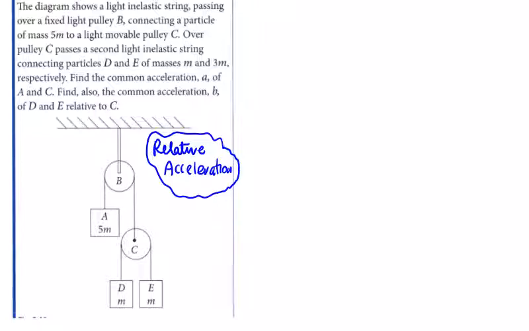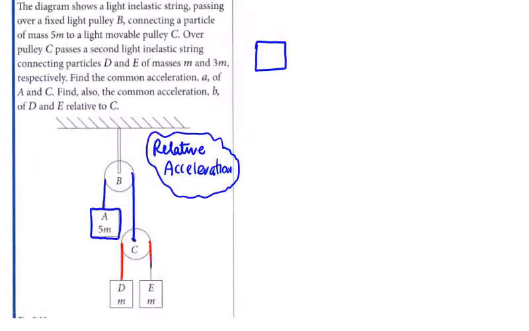So let's have a look at the first one here, and we'll work our way around starting with A, and we'll look at the forces on all of the individual particles involved in these questions. So I'll do a blue for the blue string, and then we will go red for the second string.